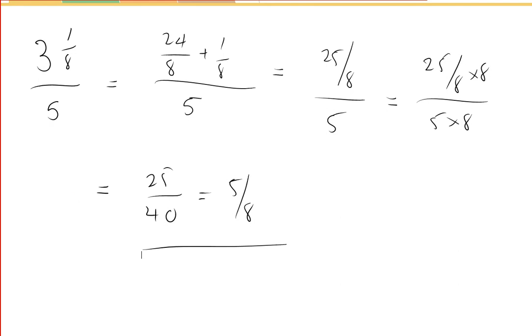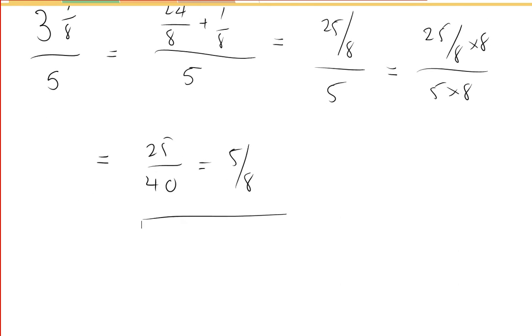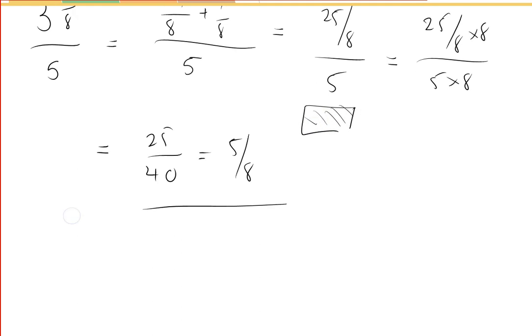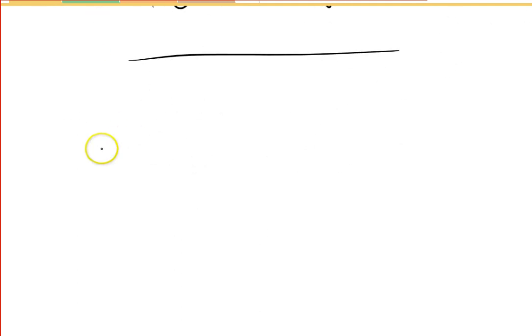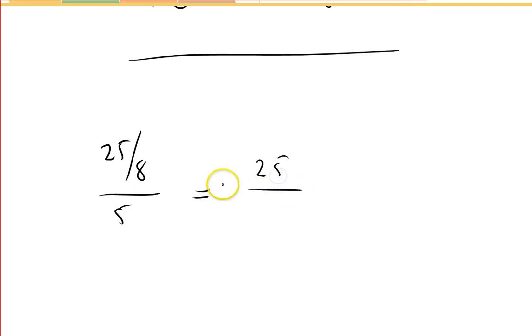There's a slightly easier way to think about it, which is a shortcut. Once you're happy with this system, I'll start at that point there, 25 eighths over 5. That equals 25 over 5 times 8. Really, that 8 has migrated itself underneath to the bottom.